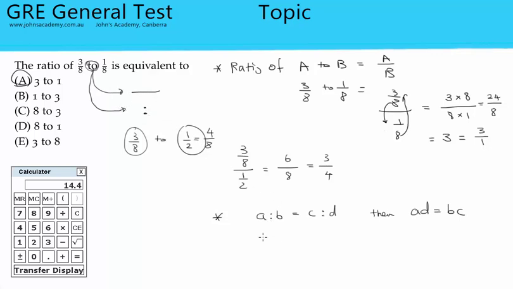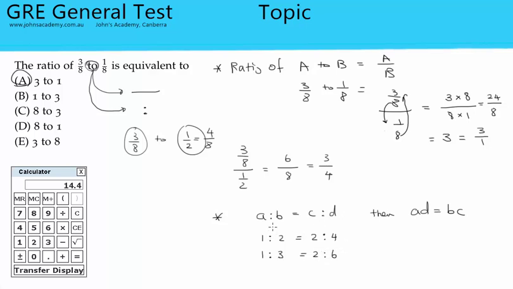So like 1 to 2 is the same as 2 to 4, isn't it? So you see 1 times 4, is that the same as 2 times 2? Yes, it is. What about 1 to 3, is that the same as 2 to 6? Yes, it is, because 1 times 6 is equal to 3 times 2, so that's confirmed.